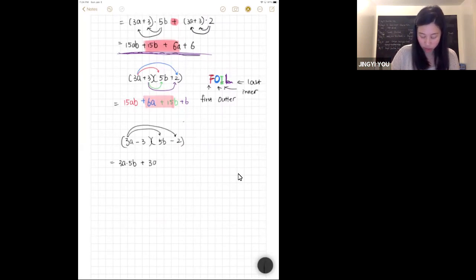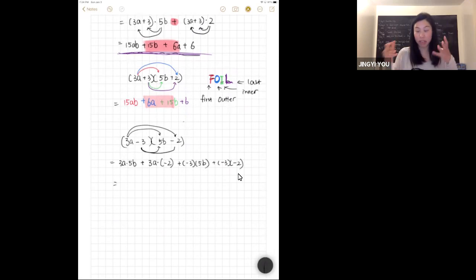And then the inner, which is negative 3 times 5b. And then the last is negative 3 times negative 2.